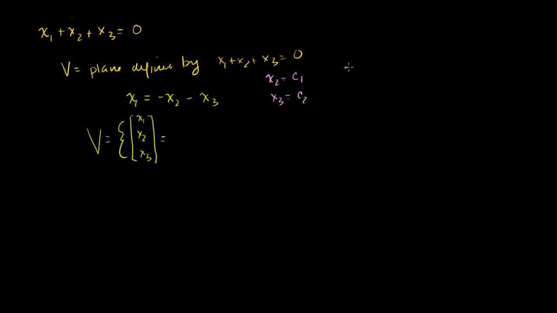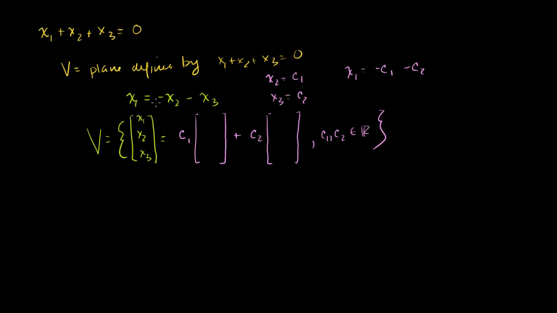Then x1 is equal to minus c1 minus c2. So V is the set of all vectors c1 times some vector plus c2 times some other vector, where c1 and c2 are members of the reals.